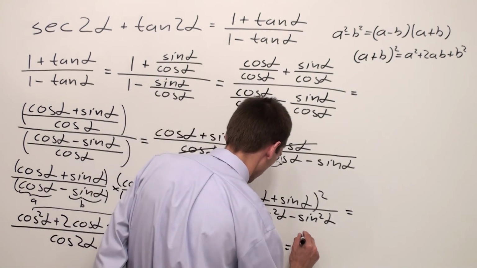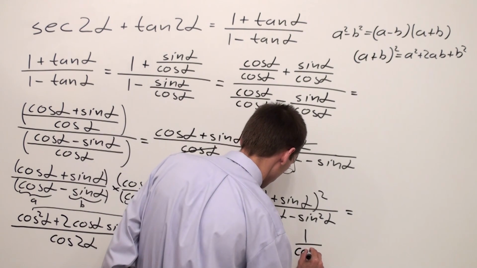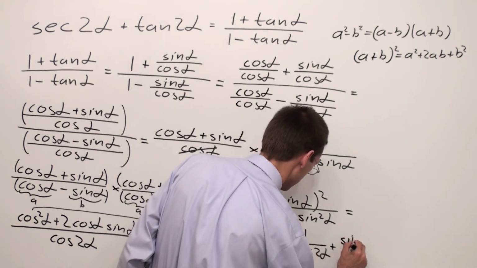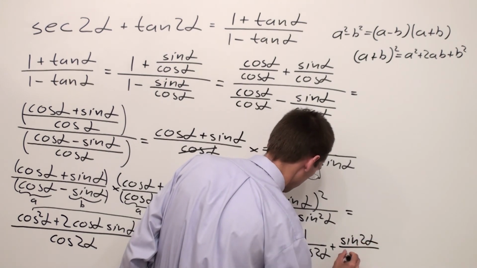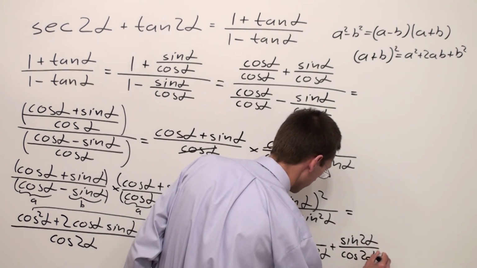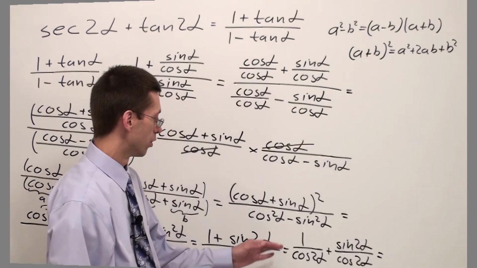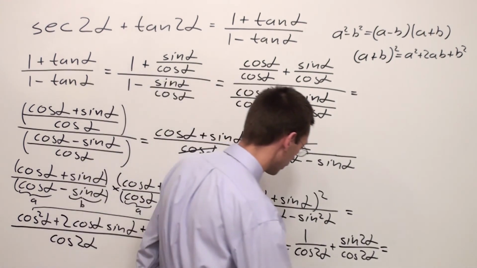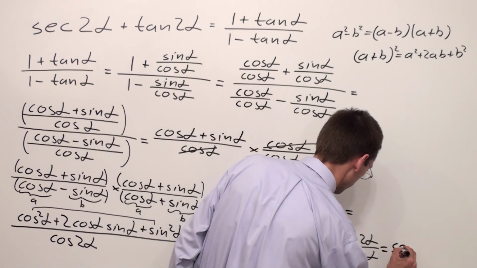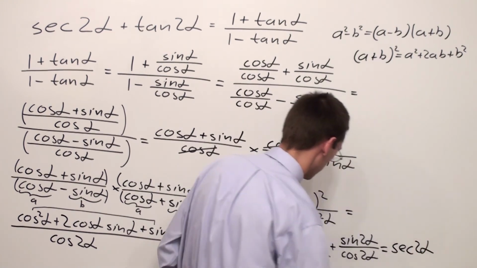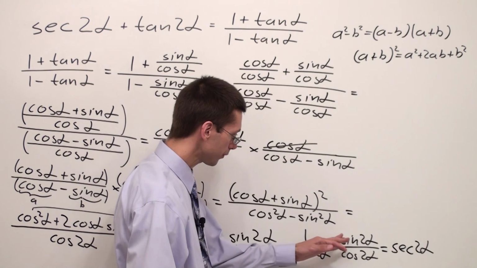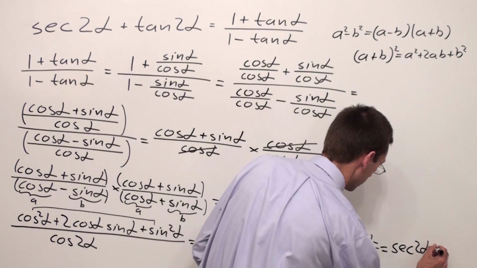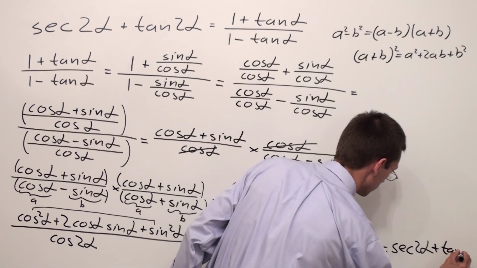And this is equal to 1 over cosine 2 alpha plus sine 2 alpha over cosine 2 alpha, which equals 1 over cosine 2 alpha is equal to secant 2 alpha plus sine 2 alpha over cosine 2 alpha is tangent 2 alpha.